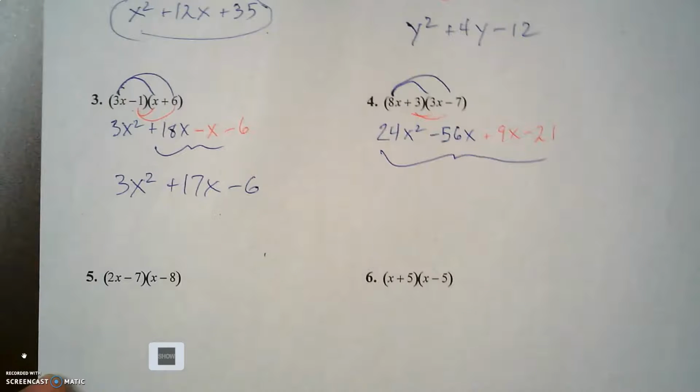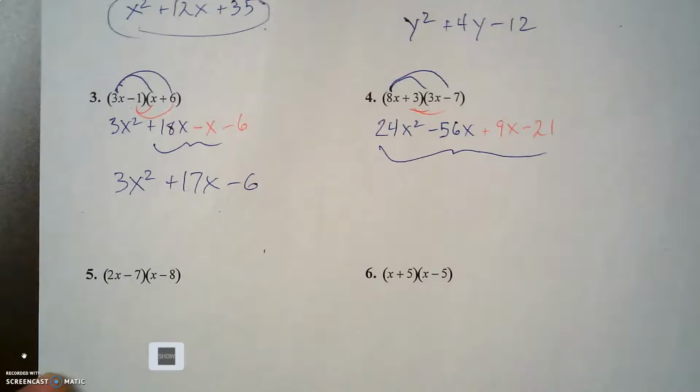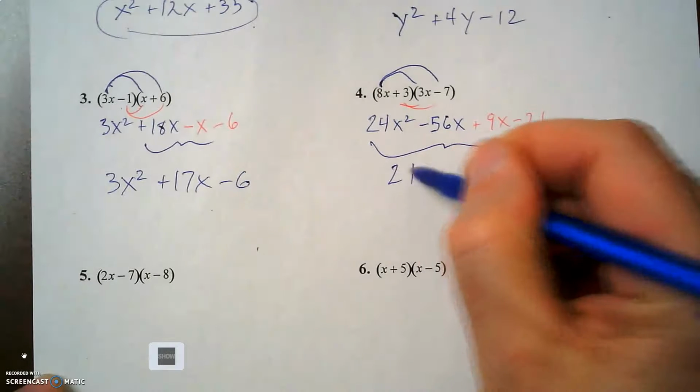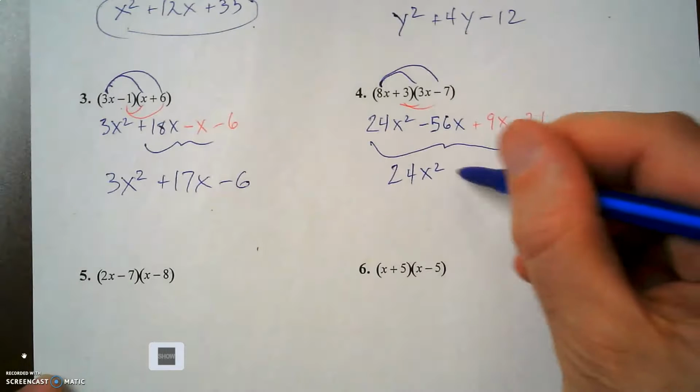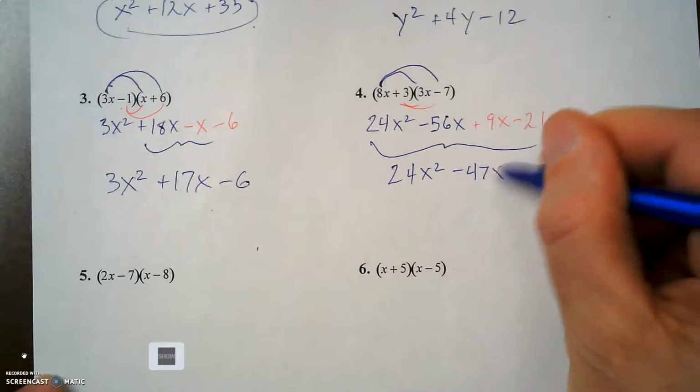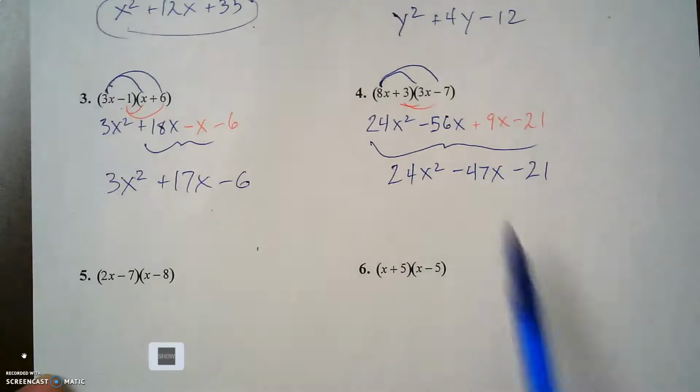And it looks like we're going to have 24x squared. Negative 56 plus 9. So we would subtract, and that will give us negative 47x. Of course, don't forget that. That x has to be there.